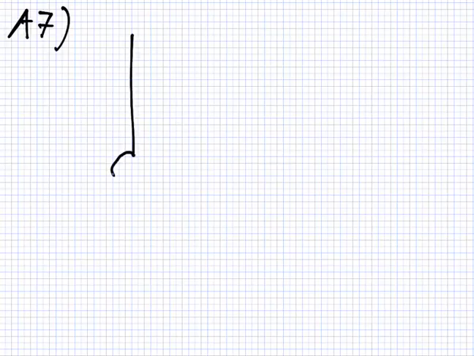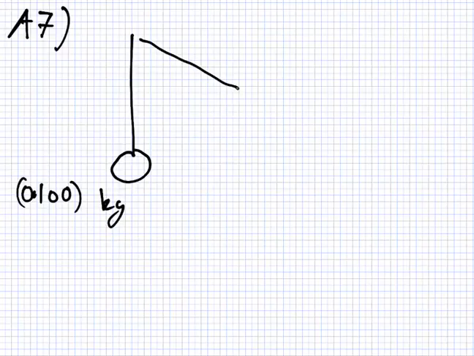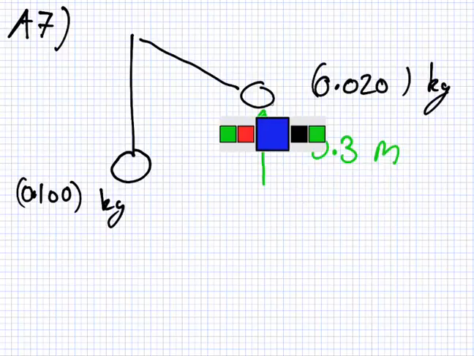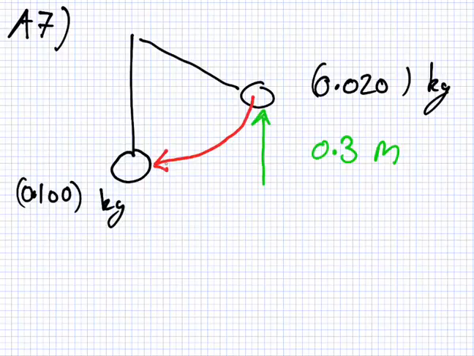So this one is 100 grams, that's a 0.100 kilogram mass, and up here there is 20 grams, so that's a 0.020 kilogram mass, and the height here is 0.3 meters. What happens is this will swing down and smash into this one.